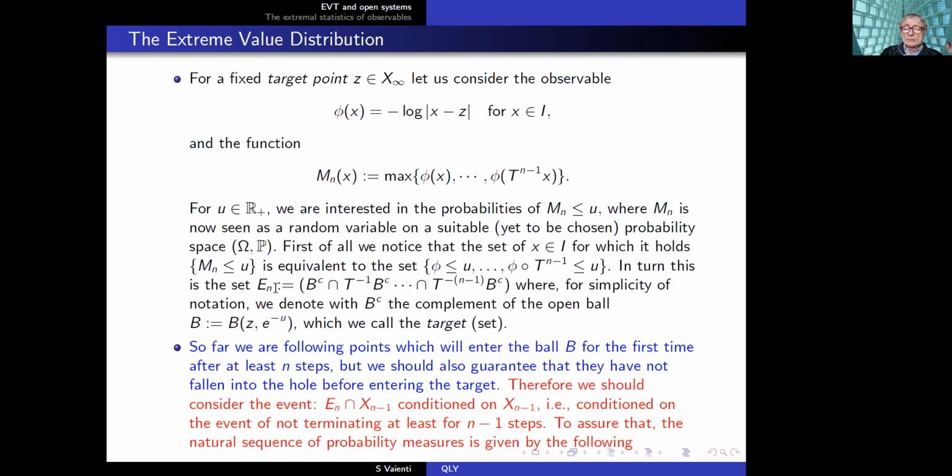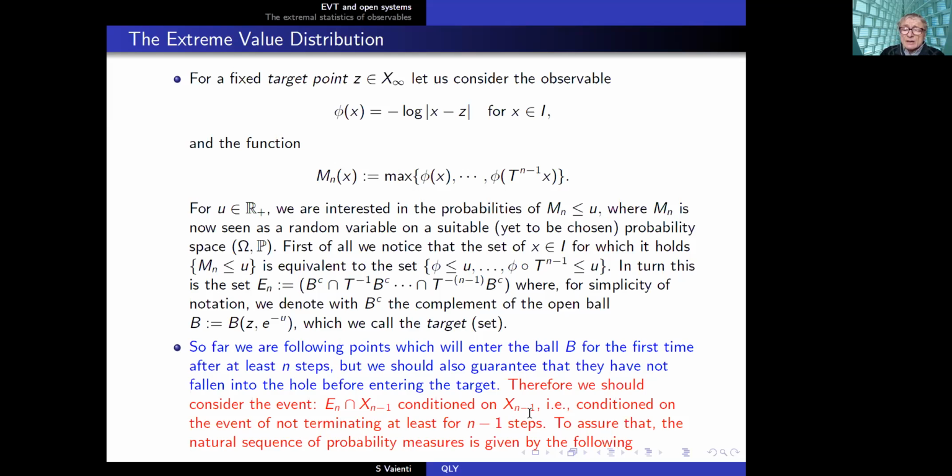If I want these points to join the target set, they must be during the first n-1 iterations on the surviving set.